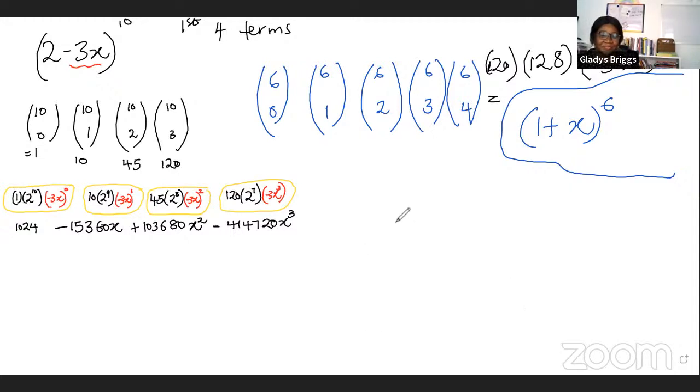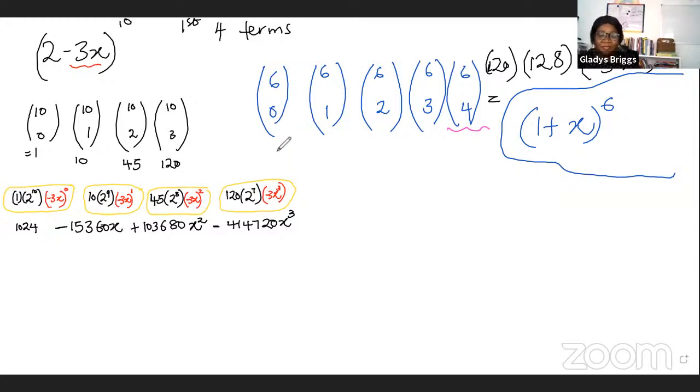You should have 15. If you wanted to do the whole thing, yeah. But this is the one they're asking for, I think. But if you wanted to do the whole thing so you don't get messed up, 6 choose 0 is what?